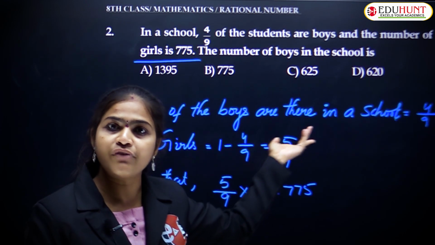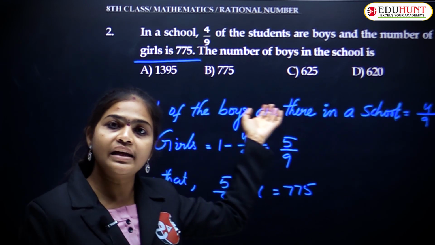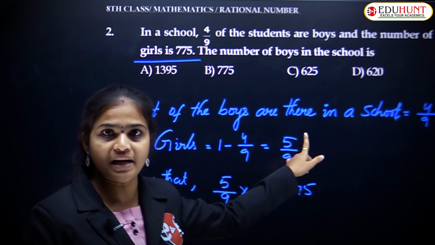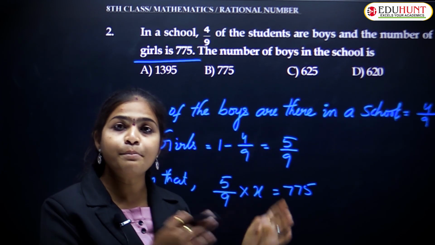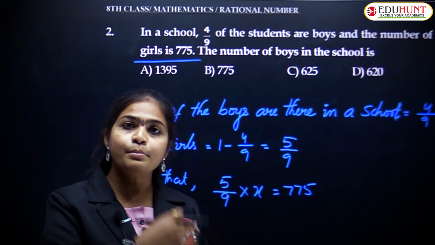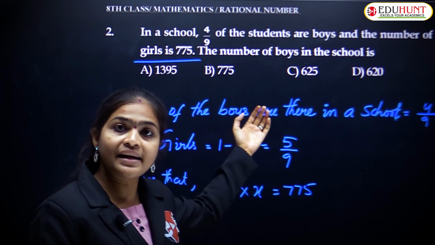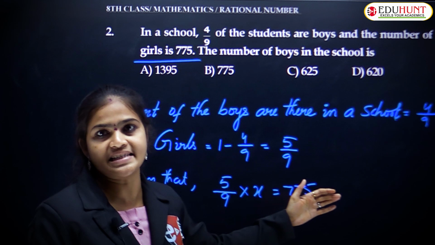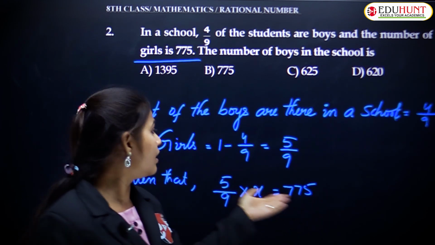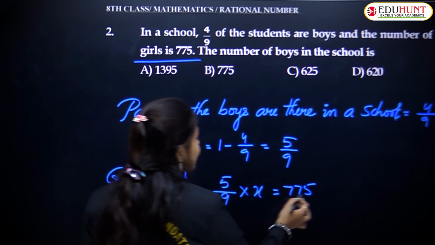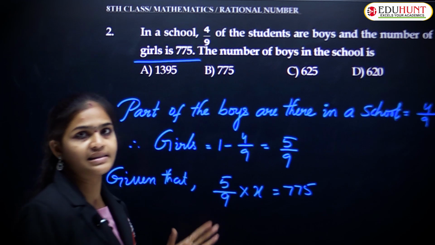That is the leftover 5 by 9th part only. So here they didn't give the fraction part, directly they gave the number of girls. So 5 by 9th part of all the students, 775 are girls.